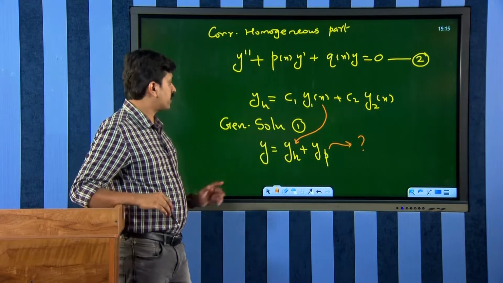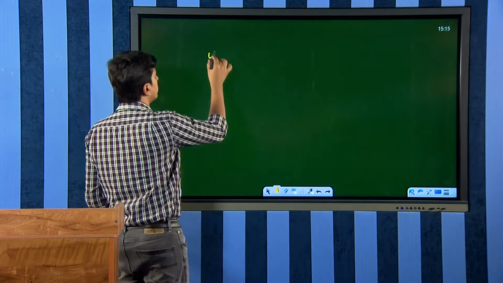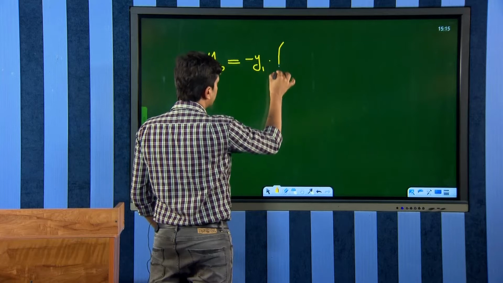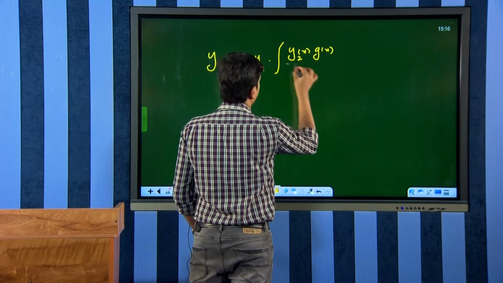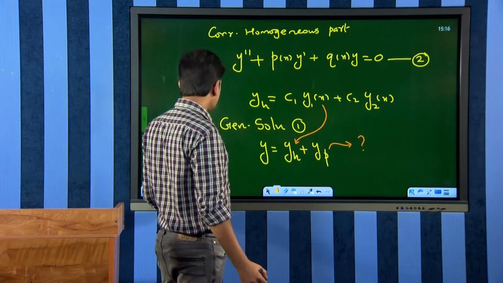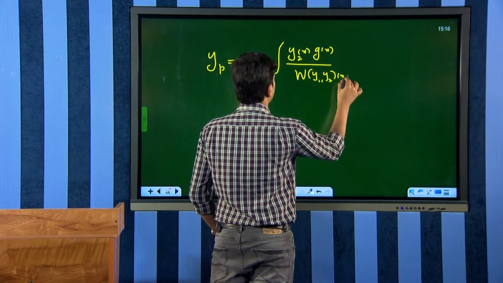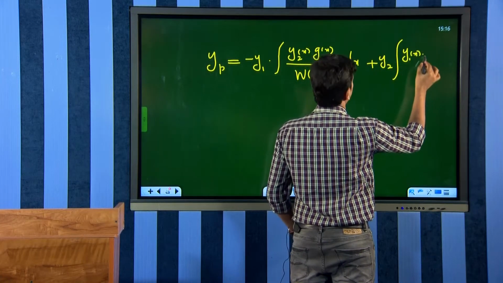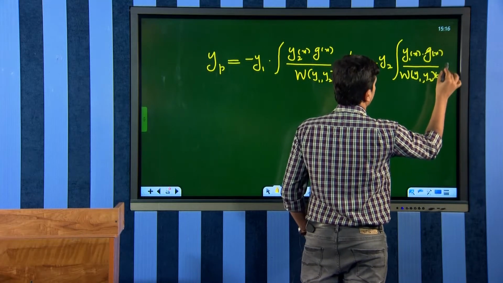To find yp, we use a formula for the method of variation of parameters: yp = -y1(x) ∫ y2(x) g(x) / W(y1, y2)(x) dx + y2(x) ∫ y1(x) g(x) / W(y1, y2)(x) dx, where g(x) is the non-homogeneous part, a function in x alone.